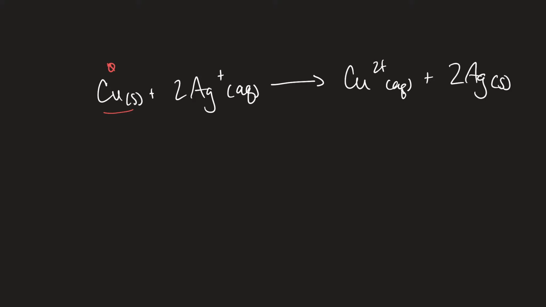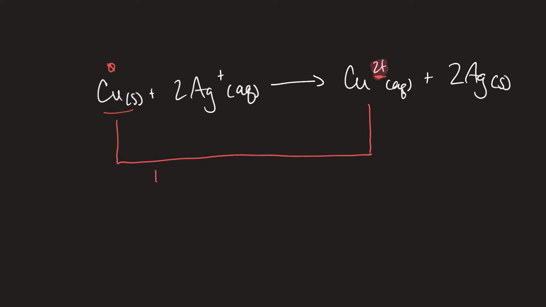Now let's compare the copper on the reactant side to the copper on the product side. The copper on the product side has a 2+. So you notice the charge has changed. How did it change? Well, it started out at 0 and went to 2+.